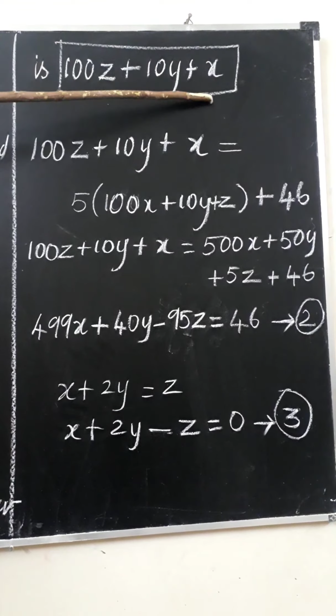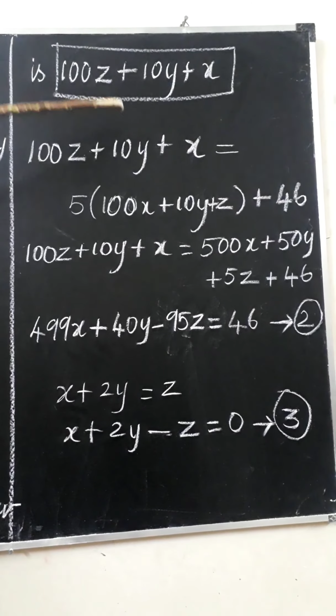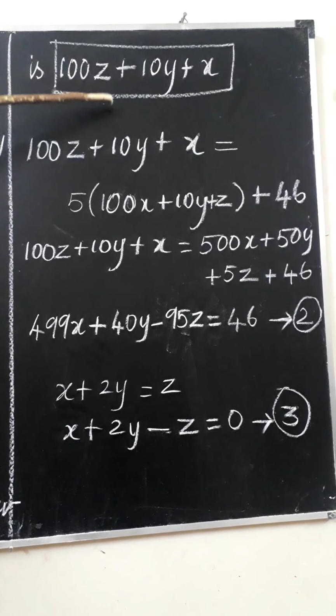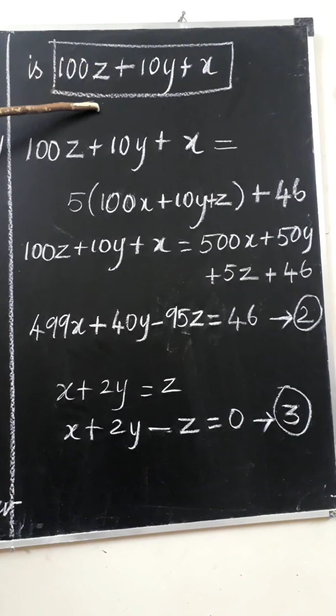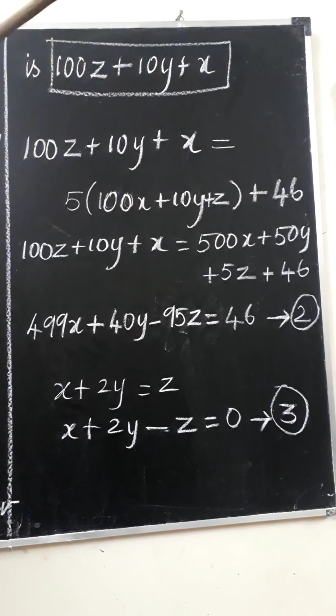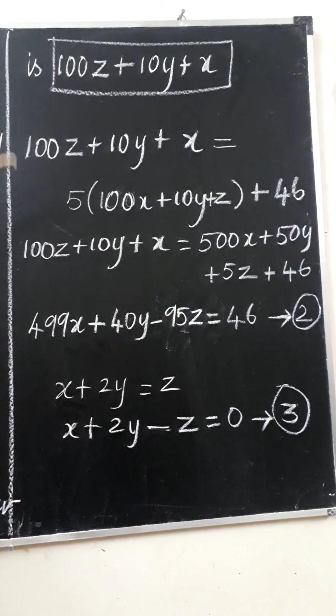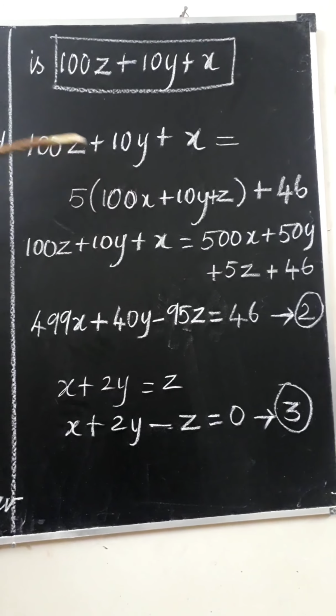Now the relation between this new number and the former number. Former means which is given earlier. So the former number is the given number. This new number is greater than 5 times the former number by 46. Greater than means more than. 5 times means we have to multiply the former number, that is the given number, by 5.